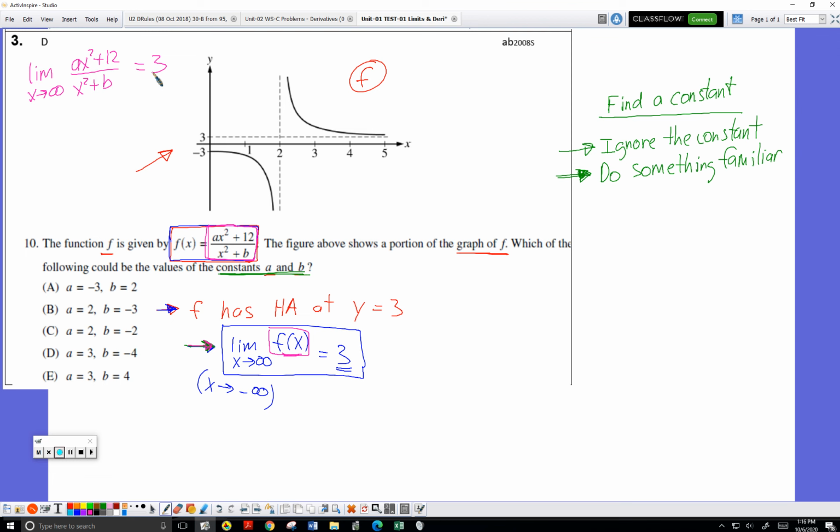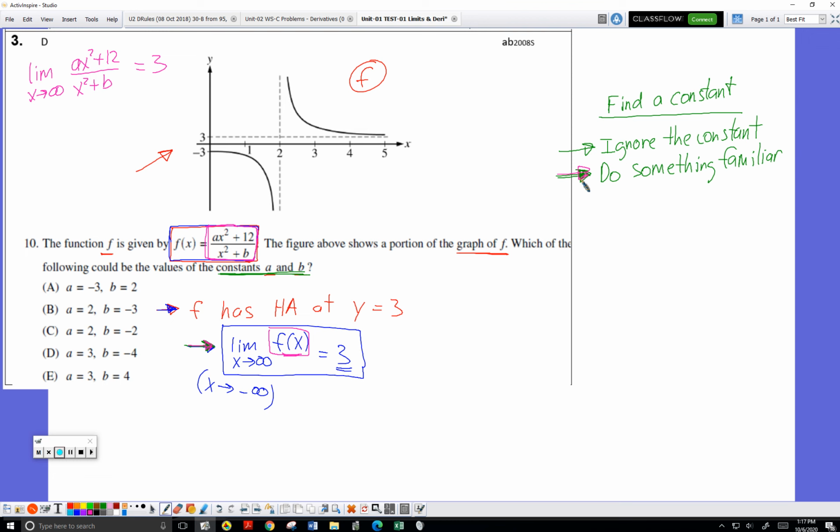Once you write the equation, remember the flashcard. I'm supposed to do something familiar. Well, here's something familiar. You all know how to find limits. They do this all the time on the AP test. Instead of asking you to find the limit, they're asking you to find A and B. But we find A and B by just trying to find the limit, and then somehow A and B will appear.